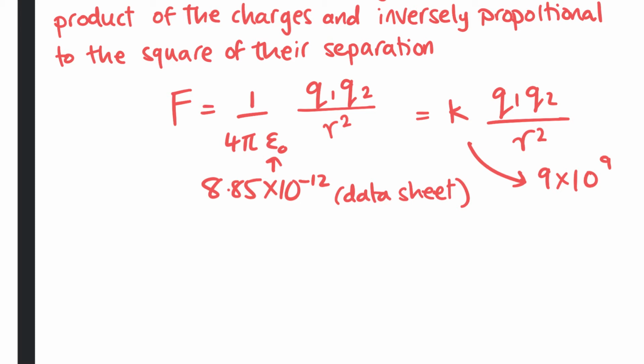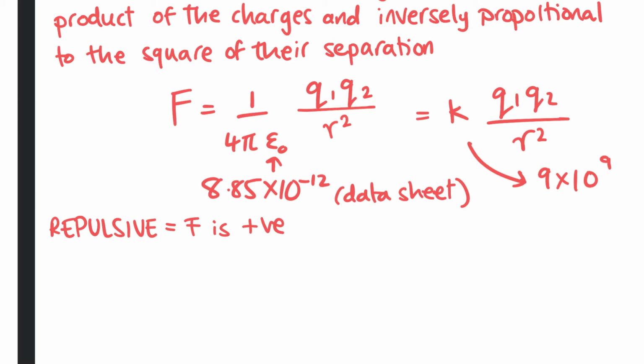So if Q1 has a positive value and Q2 has a positive value, then overall the value for F will be positive. The same is true if Q1 was negative and Q2 was negative. Well, two negative numbers multiplied together will also result in a positive. So anytime we have charges that are repulsive, the value for F is positive.